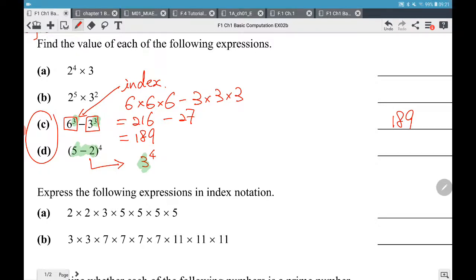And 3 to the power 4, of course, means 3 times 3 times 3 times 3. It should be 81. So it is about index. So for question 1, we have to understand how to work with index.